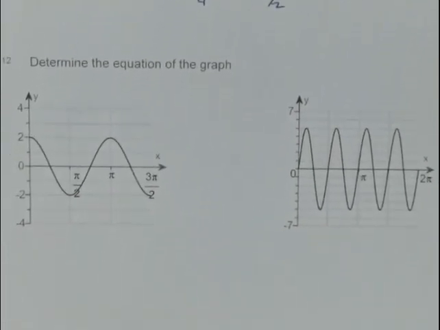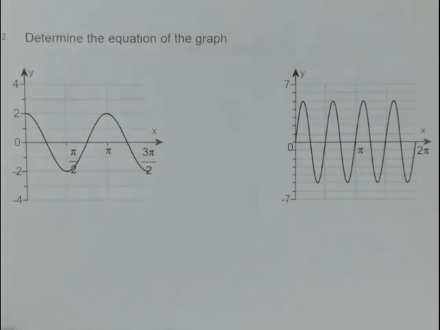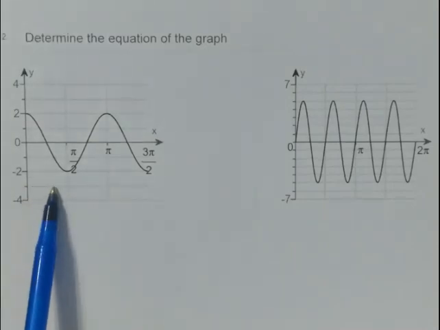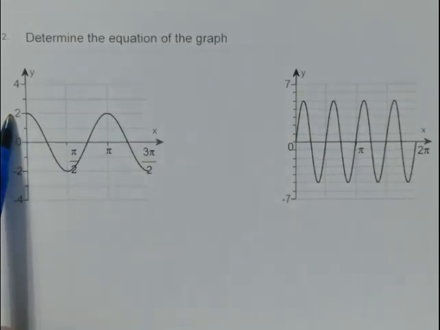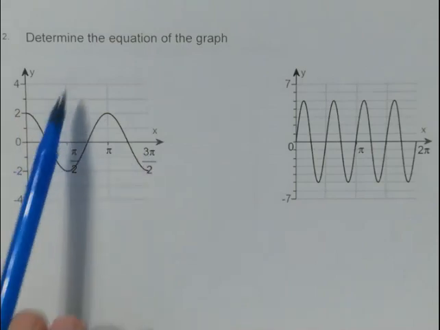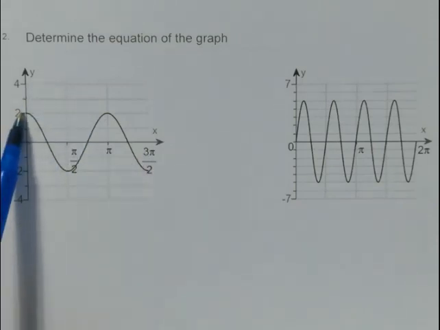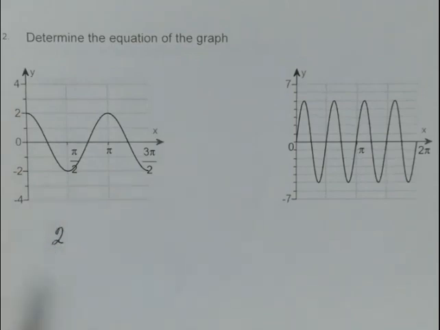Determine the equation of the given graph. So we need to read the amplitude from the graph. The graph is not shifted vertically, so the amplitude is just this value, 2. Then sine or cosine.